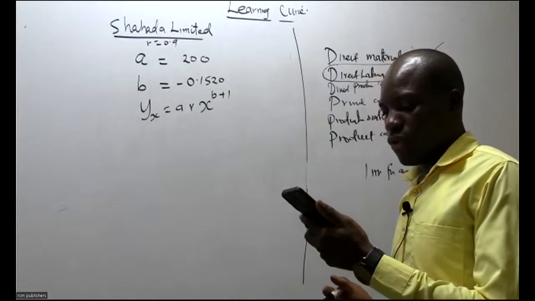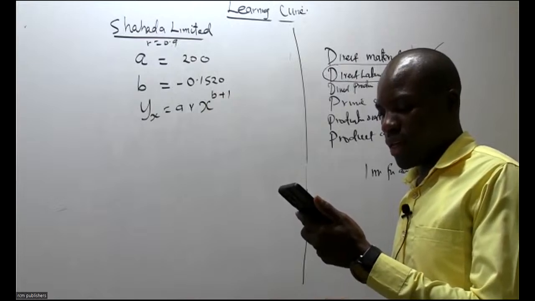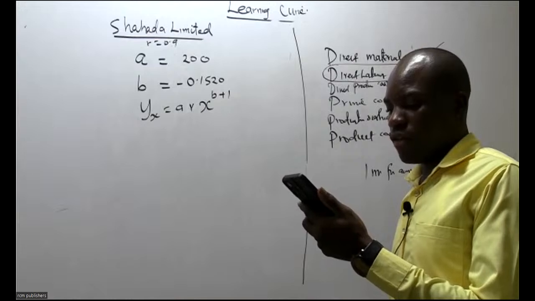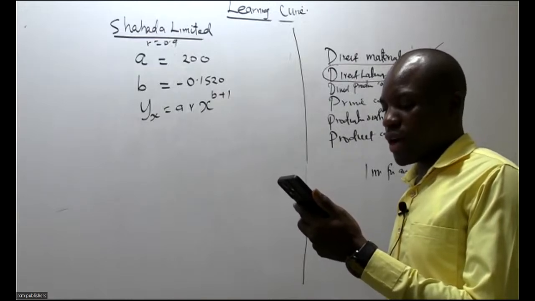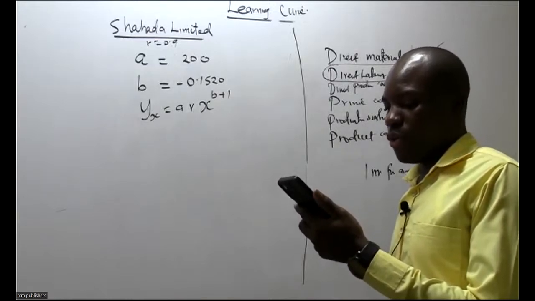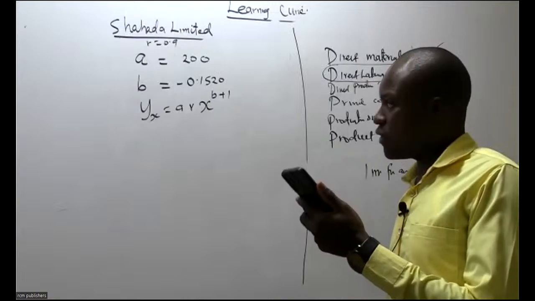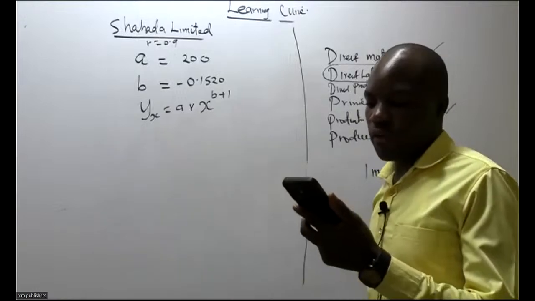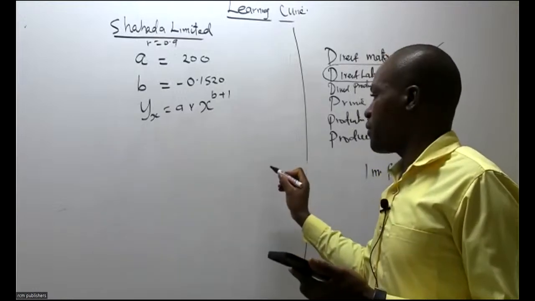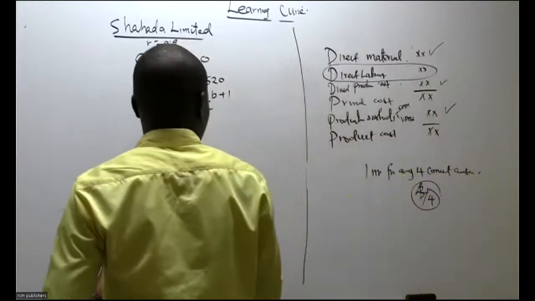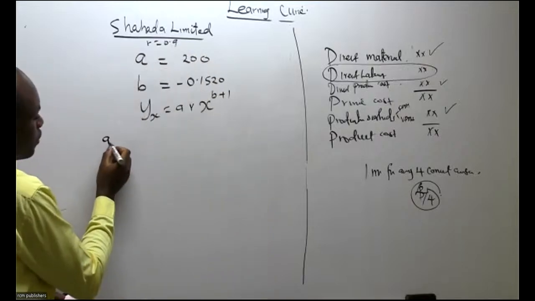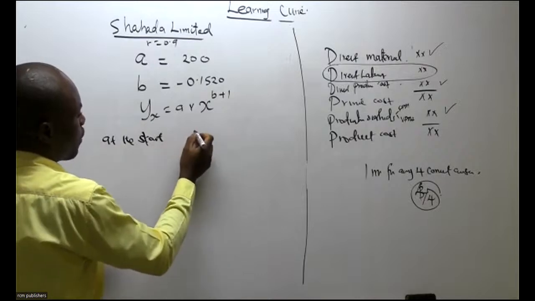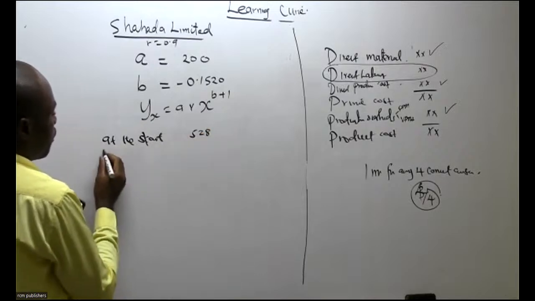So within that question, we are being told that additional information number 1, the following information relates to the previous production period. Cumulative production at start of the period. At the start of the period, they had cumulative of 5. So at the start, they had 528.